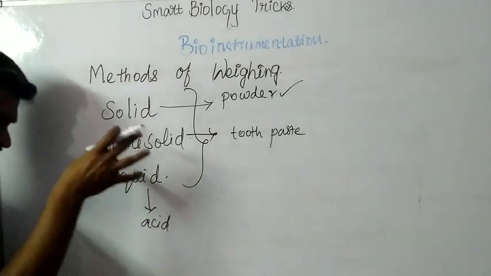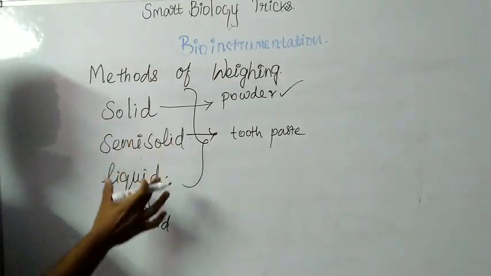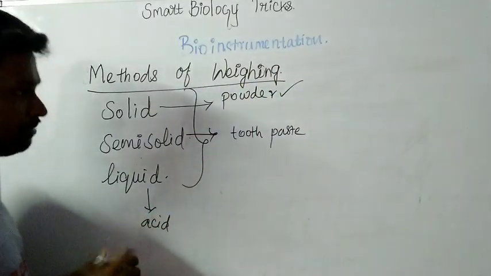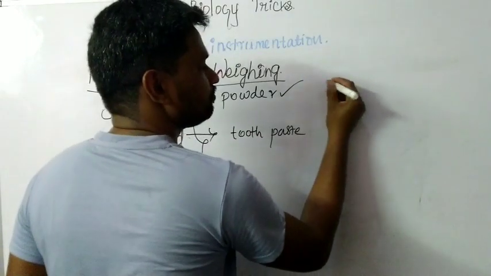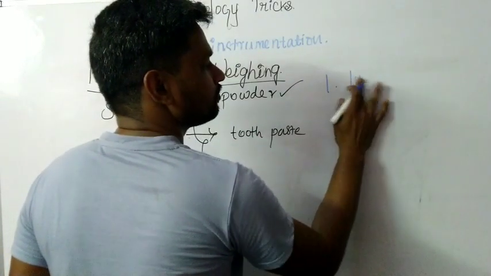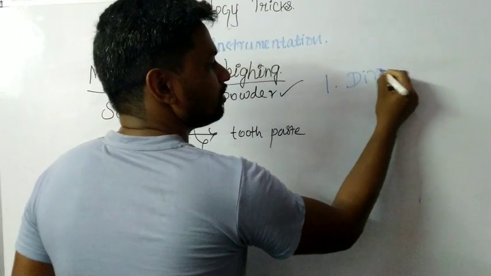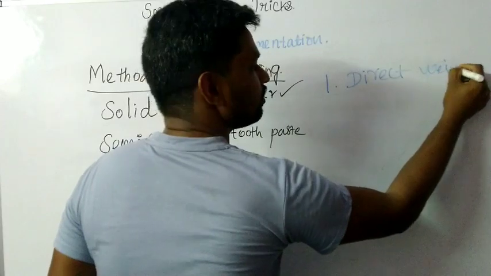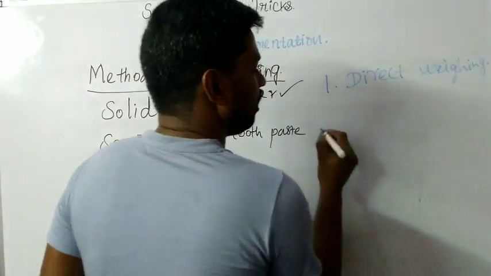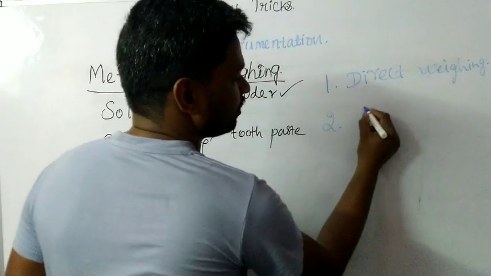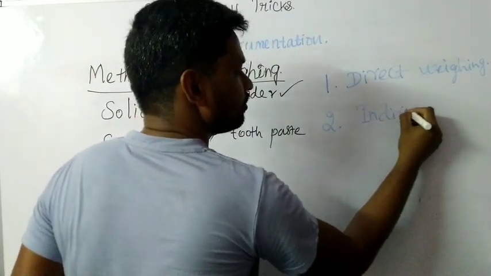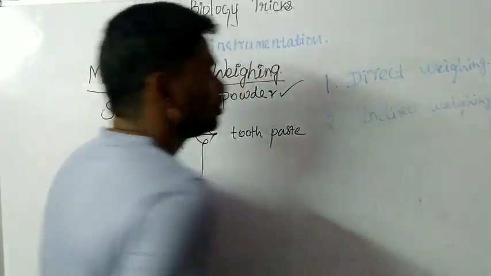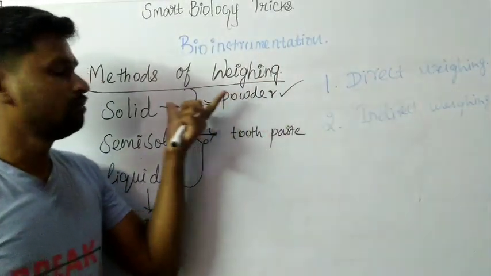As mentioned, there are two different methods of weighing available: the first is direct measurement, direct weighing, and the second is the indirect method. So let us discuss the different types of measurement.